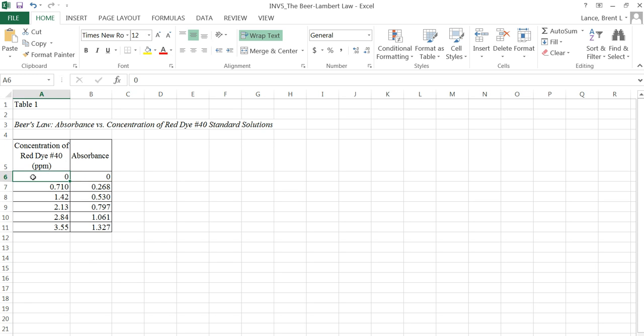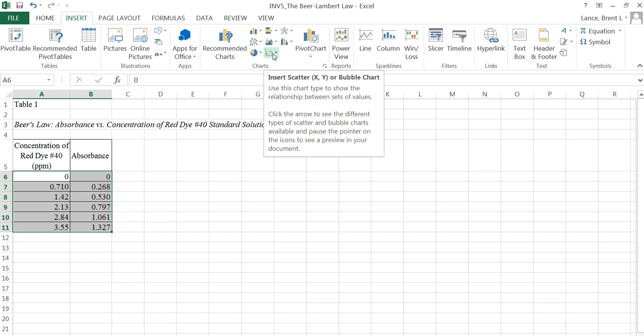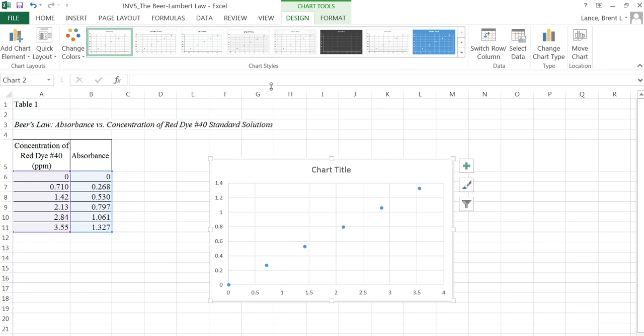So all you have to do is select the data points that you have entered into your data table, and then go to Insert Charts, and I'm going to pick the scatter plot, the one with no lines on it. So this is my data. Your numbers may be a little different.